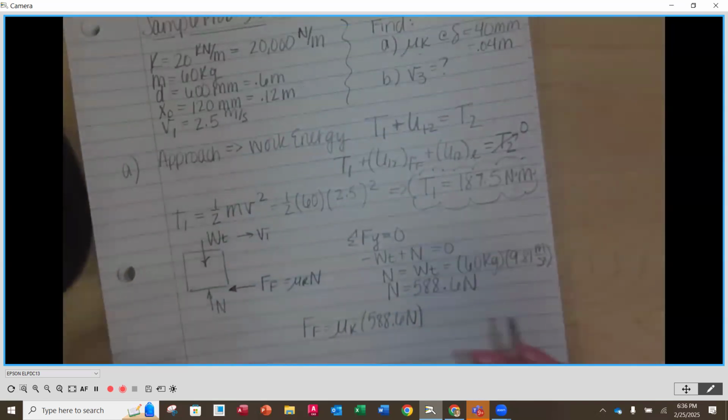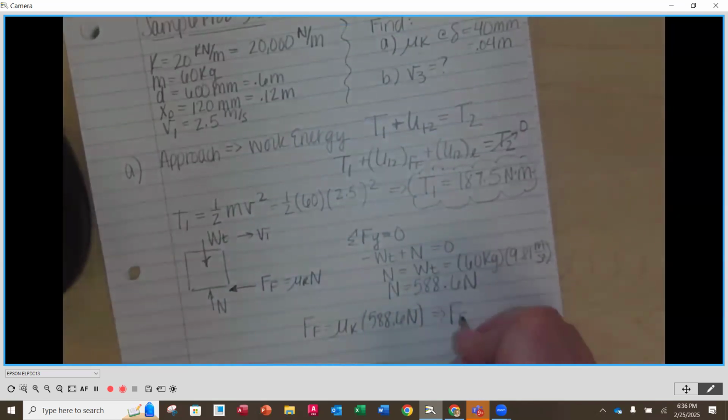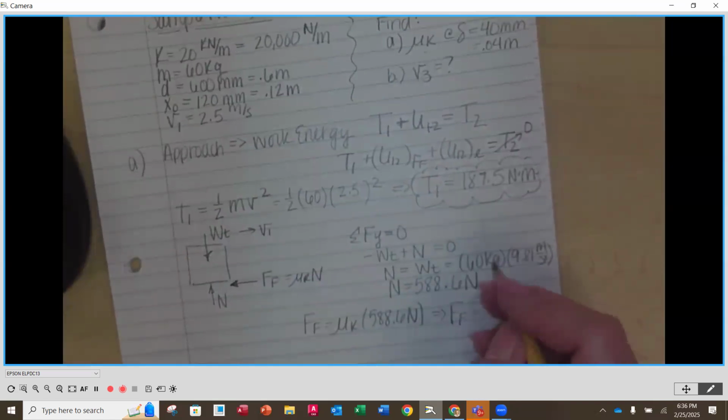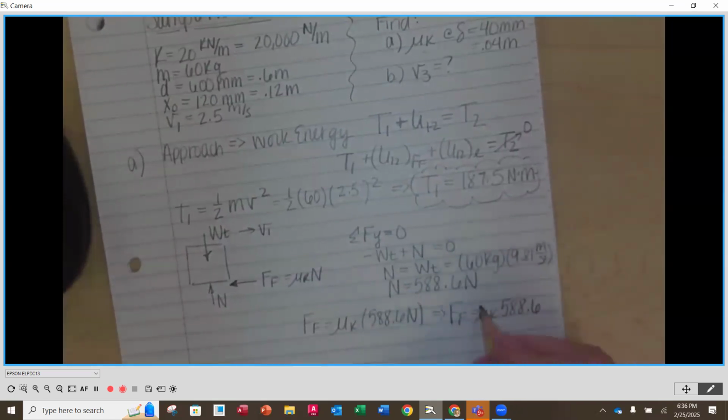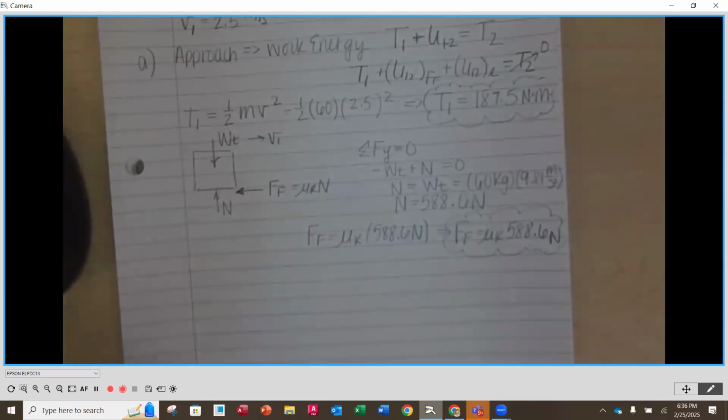Or you don't need the newtons. So I can say that my friction force is equal to the coefficient of friction times 588.6, okay? And that's going to be, and I'll put newtons in back there. And that's going to be then the value that I plug in when I need that friction force, which I'm going to need shortly.